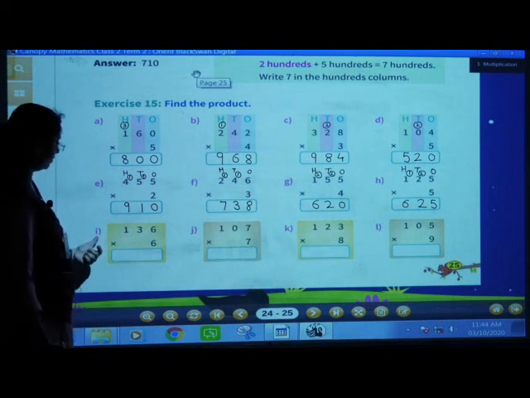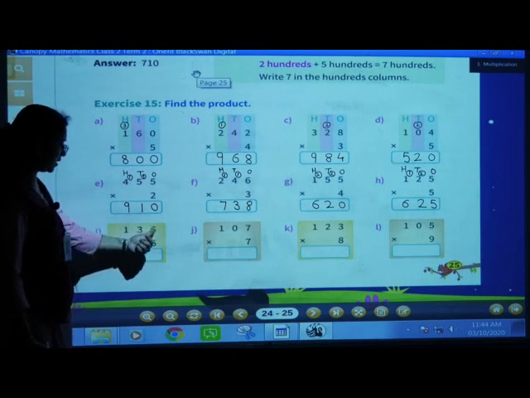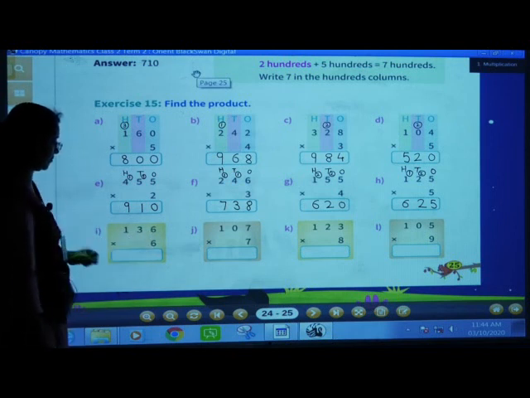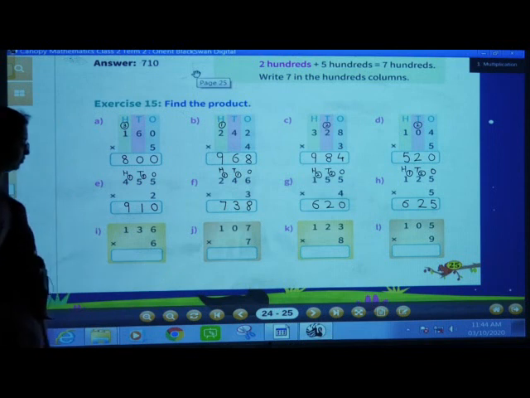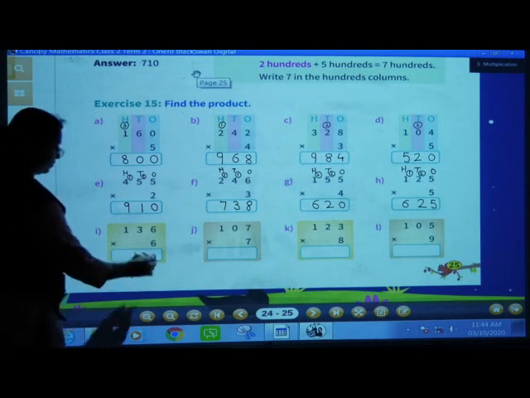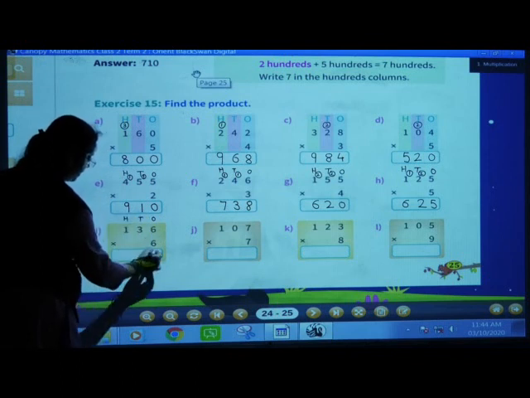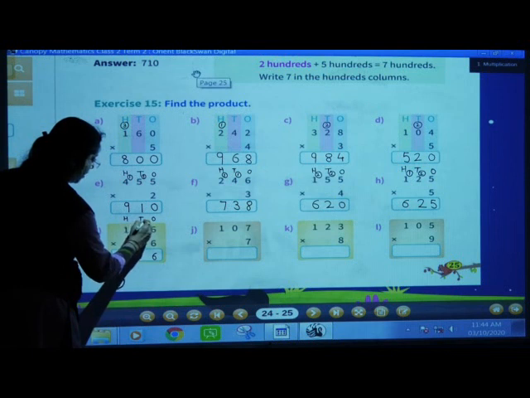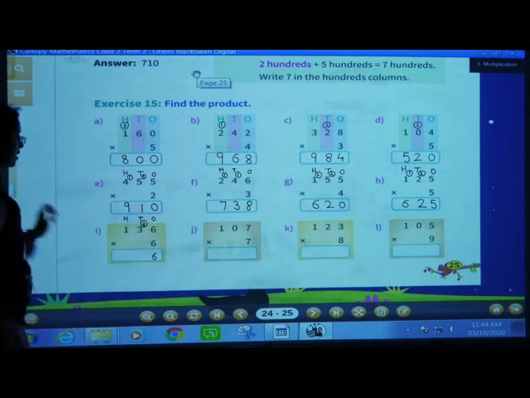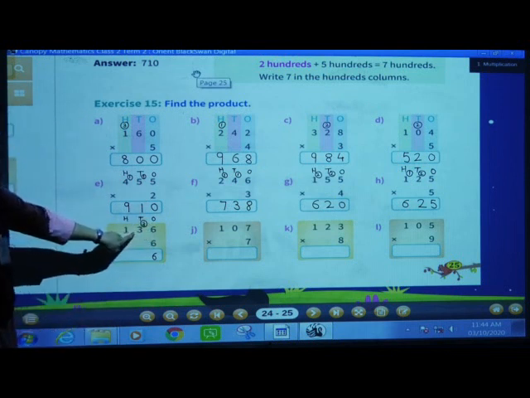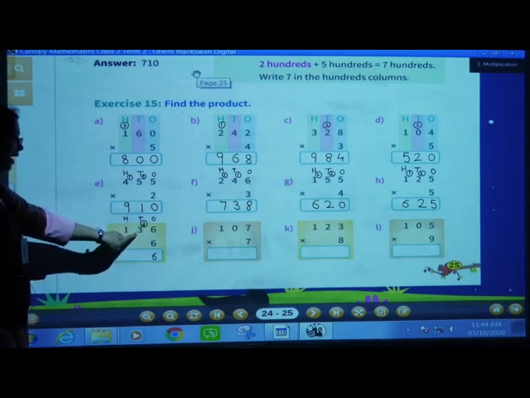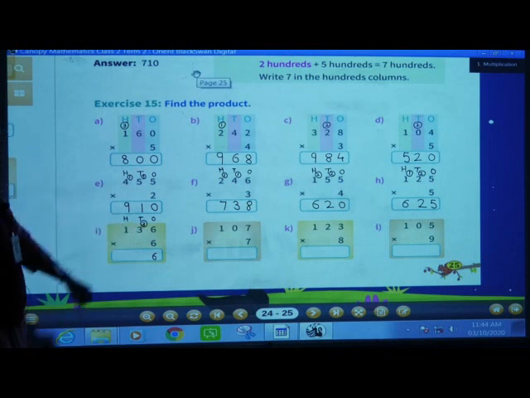Now see this, 136 multiplied by 6. 6 6s are 36. Means 6 we have to write in ones column and 3 as a carry. 6 3s are 18. 18 plus 3. How much? 18 plus 3.